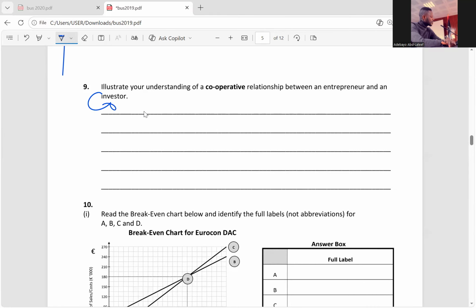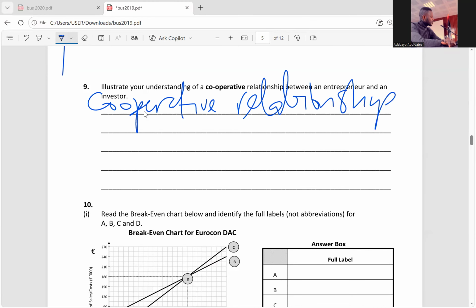So a cooperative relationship exists between entrepreneur and investor.